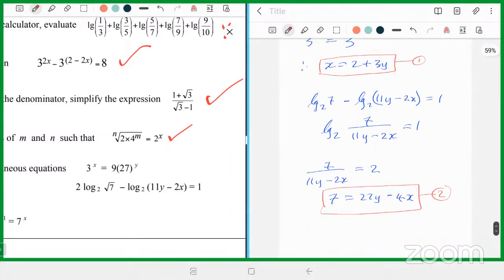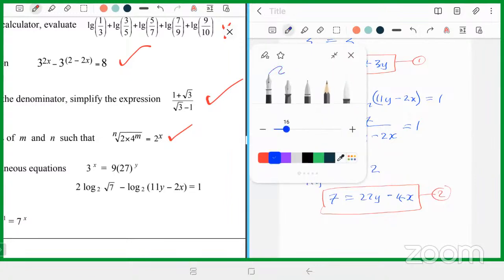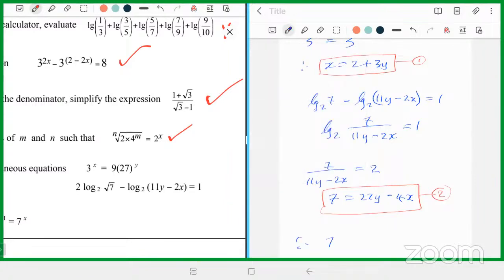What we can do now, we can substitute this right down here for the x. So we're going to get, therefore, 7 equals 22y minus 4 times, and the x now is 2 plus 3y.